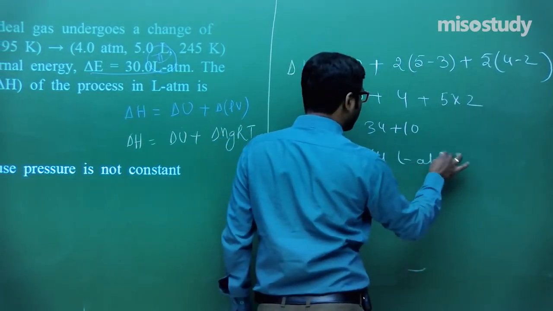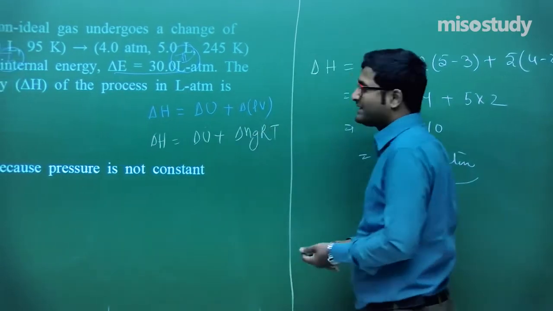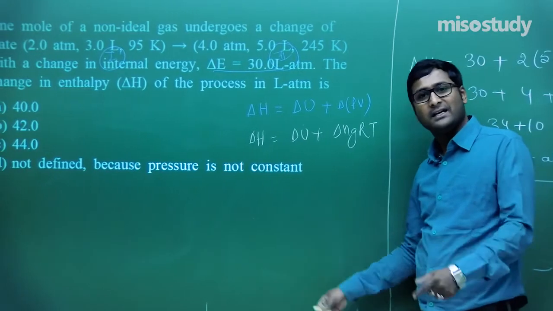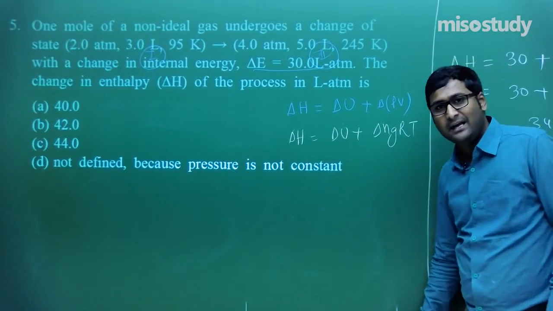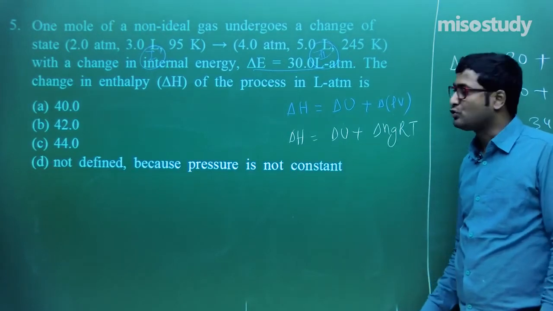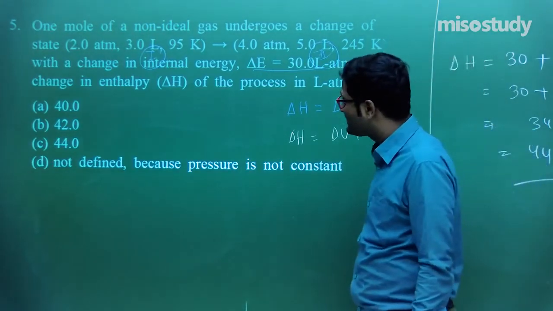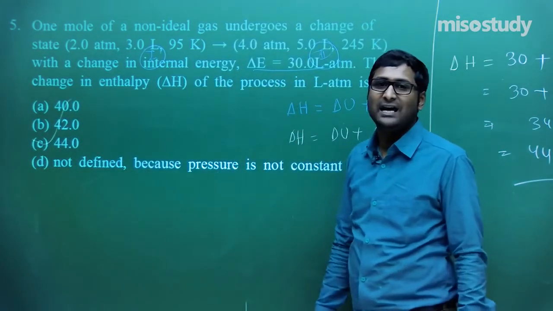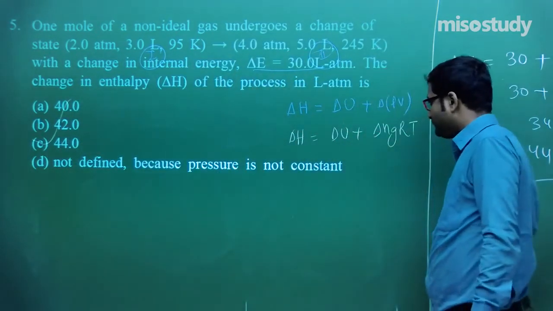This is a simple expression. Clear to you? Delta U plus delta PV, and if we put the values of all the digits, then we'll get the answer. Clear, friend? If you have any doubt, you can easily approach me. So what is the answer of this question? Sir, the answer of this question is C, that is 44.